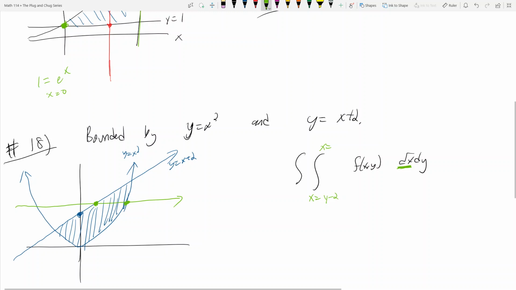Now I hit this curve up here, which is y is equal to x squared. So x is going to be the square root of y, because y is equal to x squared. And so x is equal to the square root of y, but it's a plus and a minus.